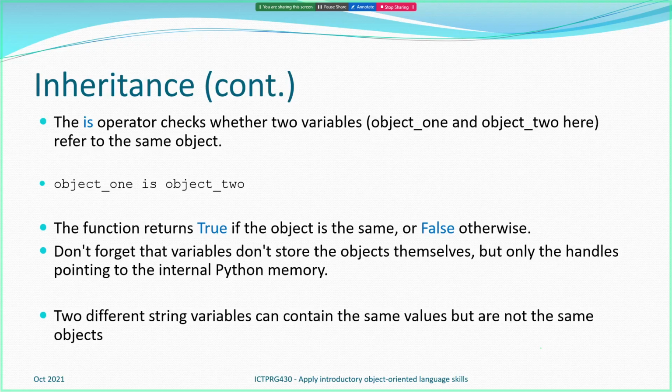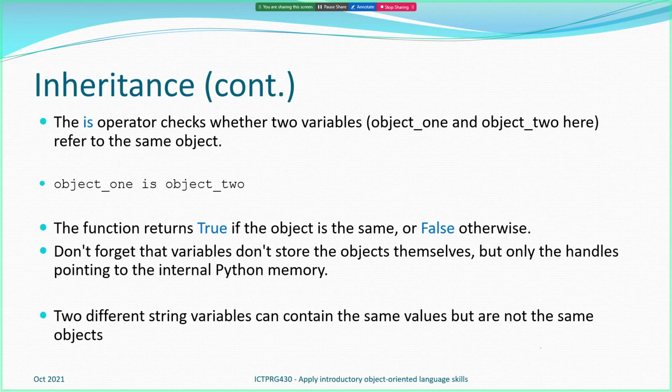So when we create objects and they're the same object, because we've given them different variable names of the same object, we can refer back to the same unique ID, and this is what the is operator is checking.